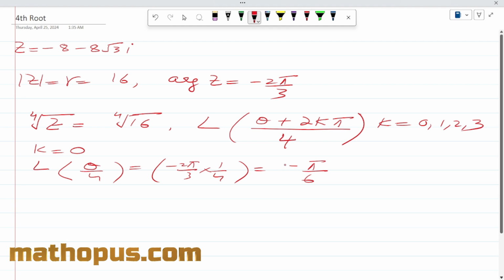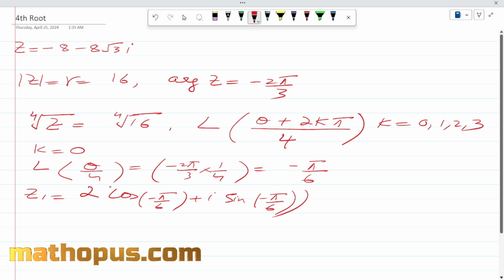This is our argument for the first fourth root. So the first fourth root is going to be, the fourth root of 16 is 2, so 2 cos minus pi over 6 plus iota sine pi over 6.